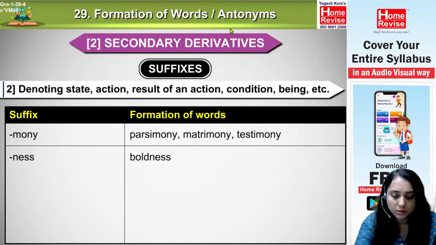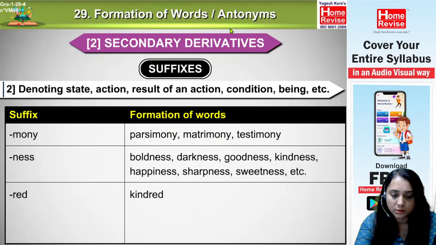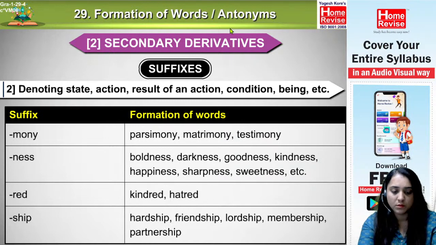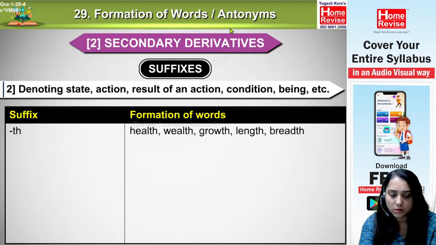NESS: boldness, darkness, goodness, kindness, happiness, sharpness, sweetness, etc. RED: kindred, hatred. SHIP: hardship, friendship, lordship, membership, partnership, scholarship, etc. TH is added to the end of the word: health, wealth, growth, length, breadth, stealth, etc.